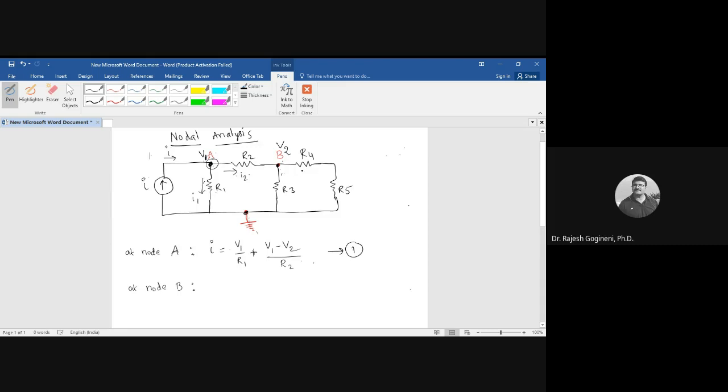Assume the remaining here, one more current here and one more here. Or you take reference as V2 here. So tell me the KCL equation at V2. How to write the KCL at V2?